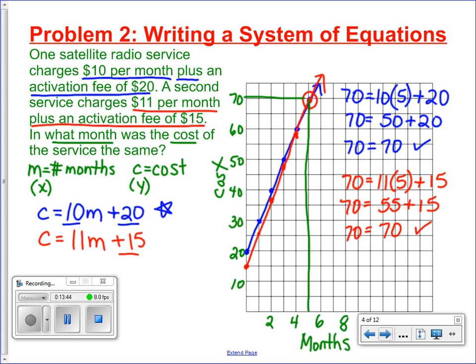So the question, in what month was the cost of the service the same? And we would say in the 5th month, the cost is $70 for both services.